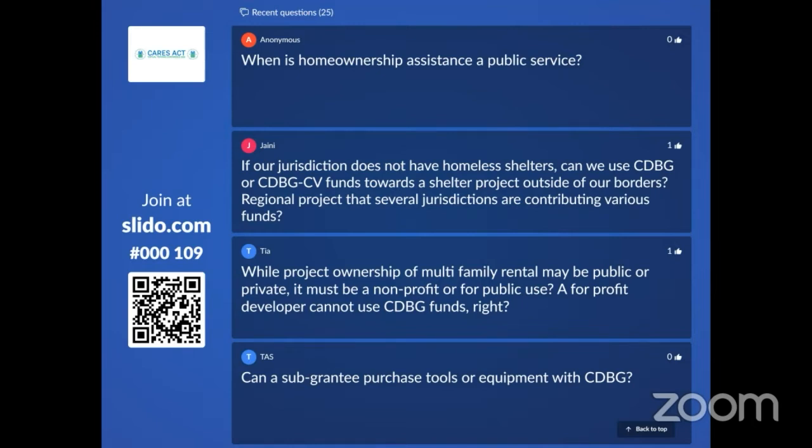Now, keep in mind, if you use CDBG to do home ownership assistance via down payment assistance as a public service, you're going to hit your cap very quickly. And you're not going to be able to do as many other public services as you like, because the idea is to assist all the LMI folk in your area.